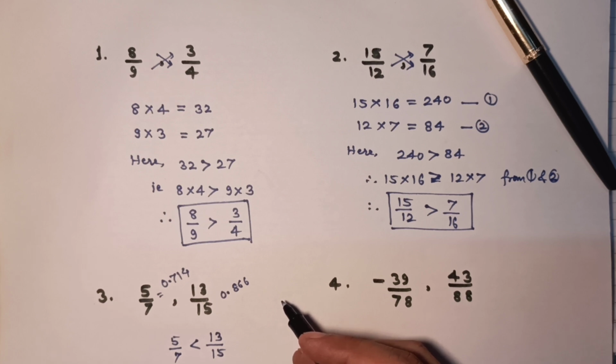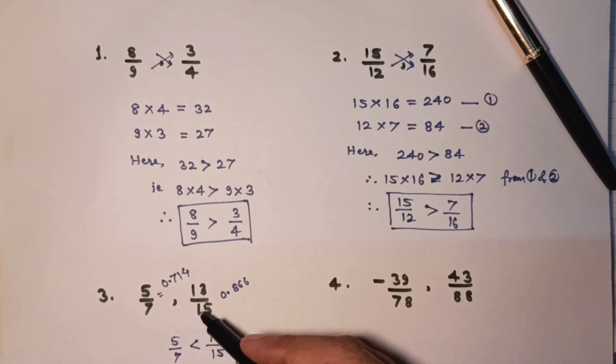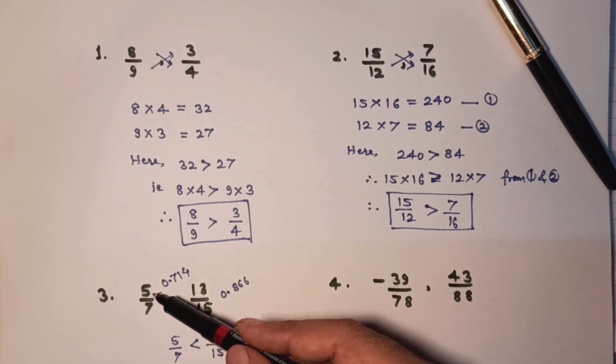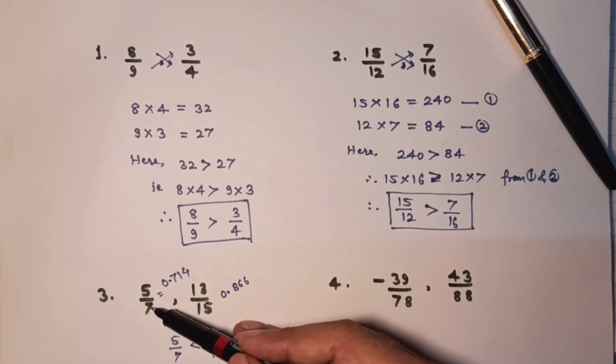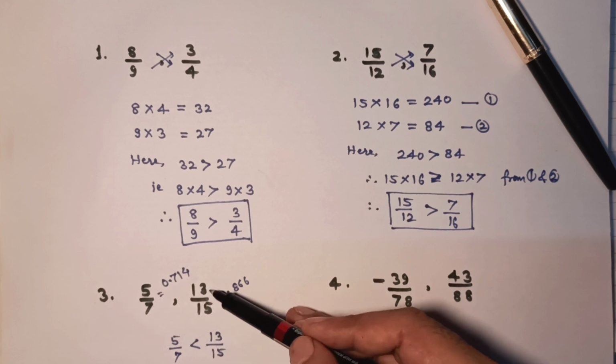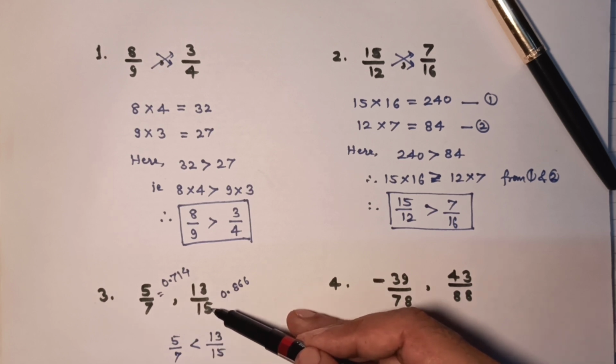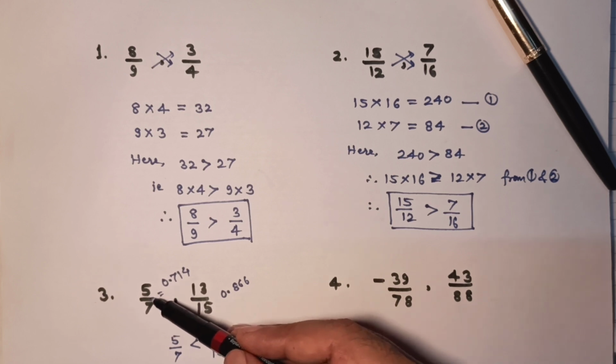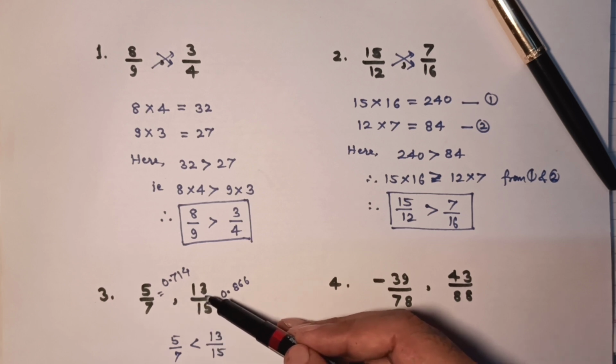Now I am giving you one trick. Here, this is a special case where you have the difference between denominator and numerator 2. 5 and 7 difference is 2. Here 13 and 15 difference is 2. My dear students, when you compare two numbers having the same difference between numerator and denominator, then just see the numerator. The number having the smaller numerator will be smaller than the other number.